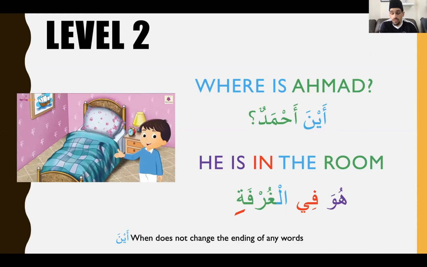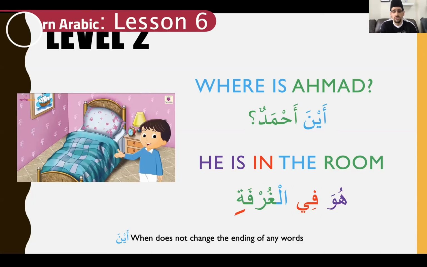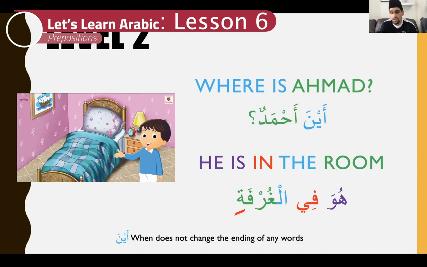You can say as well Ahmad fil ghurfati, but you have different ways of saying it. Even in English, when we ask where someone is, we'll say he is here or he is there. Here's the same thing in Arabic. Huwa fil ghurfati. He is in the room.